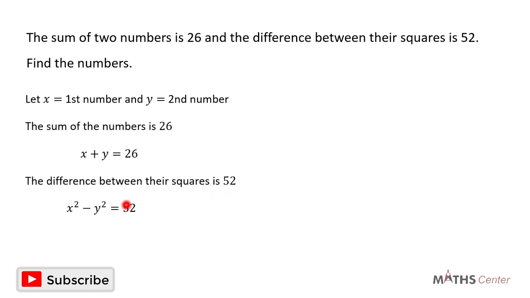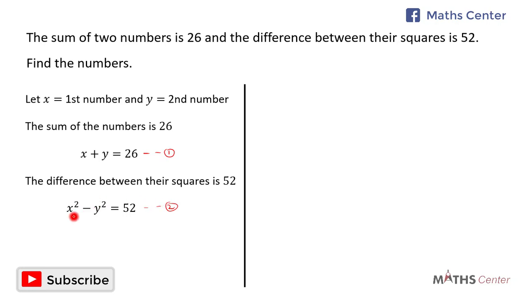So it means that if you subtract the square of one number from the square of the other number, you get 52. So we have x squared minus y squared, and this gives us 52. Let's call this one equation 1, and let's call this equation 2. Equation 2 is x squared minus y squared is equal to 52.